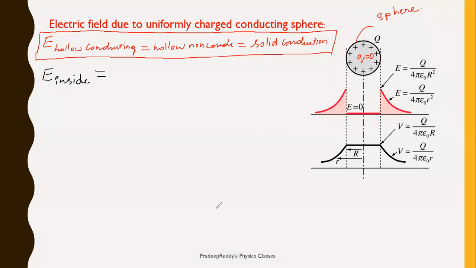Field inside will be 0 since Q is equal to 0, because we know that E is equal to KQ divided by R square. What about Q? Q is equal to 0, therefore field is also equal to 0. Therefore, as the total charge inside the material is 0, net field will be equal to 0. That is inside. Next, field on the surface.